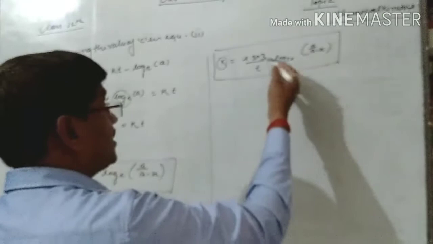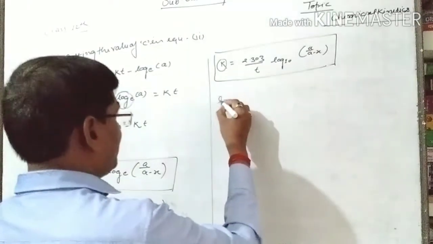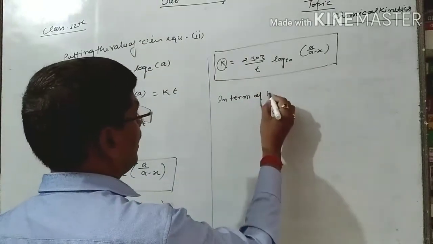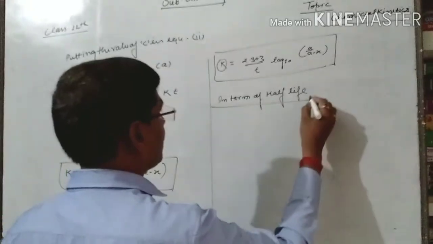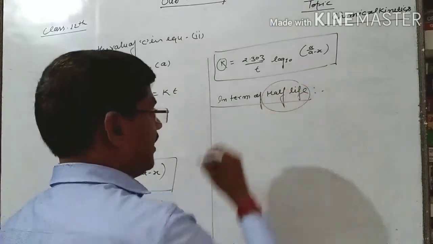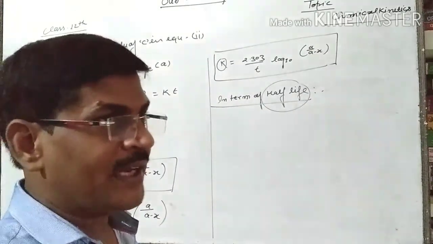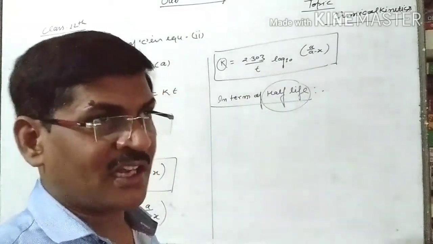After that, if you want to obtain this equation in terms of half-life, as you know, half-life is that time in which the reactant becomes half of the original amount.